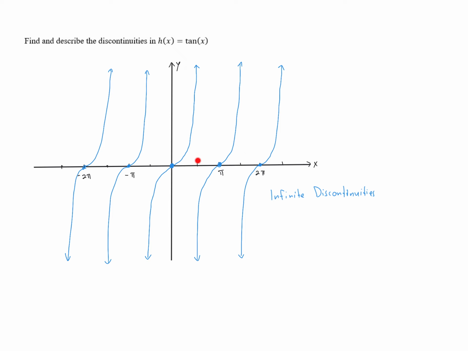So here we've got one, this is pi halves, this is 3 pi over 2, we've also got negative pi over 2, negative 3 pi over 2, etc. So we could say that these occur at ..., negative 5 pi over 2, negative 3 pi over 2, negative pi over 2, pi over 2, 3 pi over 2, 5 pi over 2, ... If we list enough of them, then the pattern might become pretty clear, right? It's at all of the odd multiples of pi over 2.